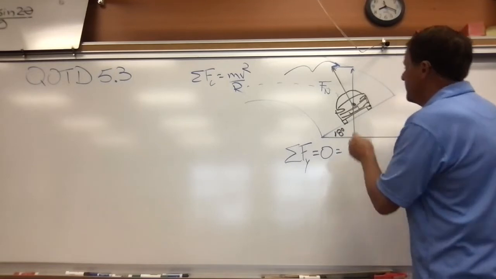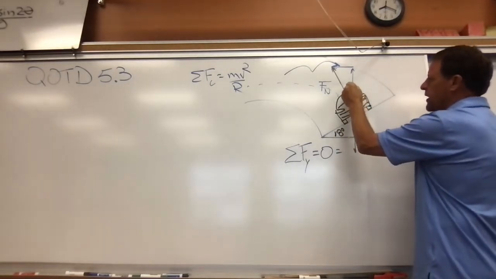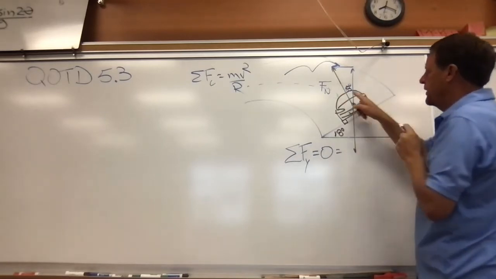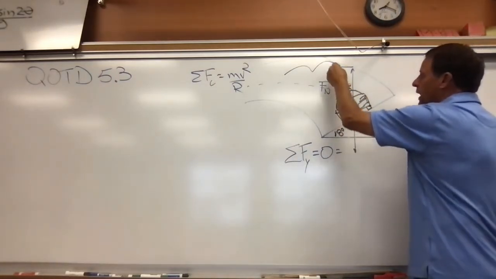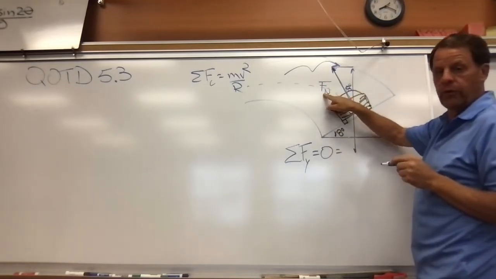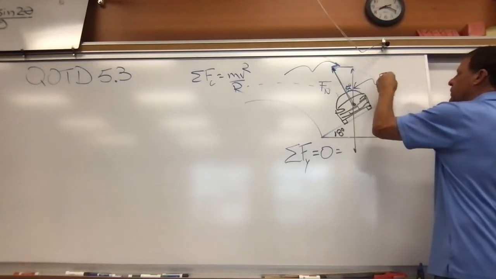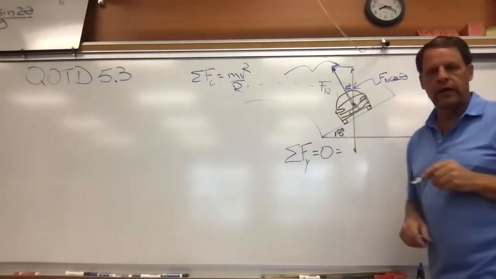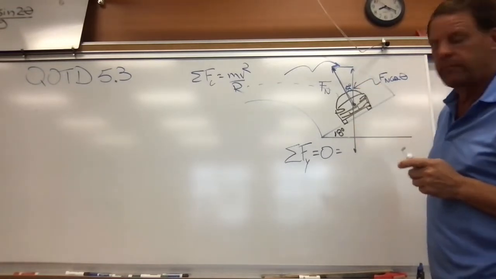If this is 18 degrees right here, we can do a little geometry and realize that this is 18 degrees. Our hypotenuse is the normal force, so this part is force normal cosine theta, and it is going up.